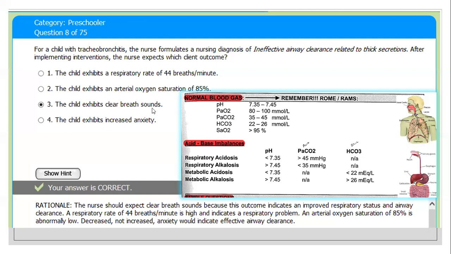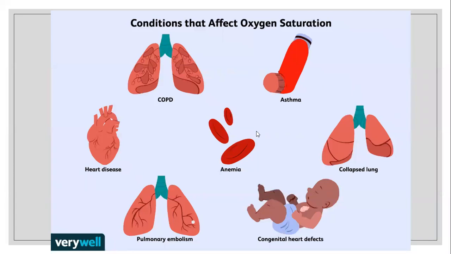Partial pressure of oxygen is supposed to be 80 to 100 millimeters of mercury. Partial pressure of carbon dioxide is supposed to be 35 to 45, and bicarbonate concentration should be 22 to 26, and saturation of oxygen supposed to be more than 95%. Very important for board exam.